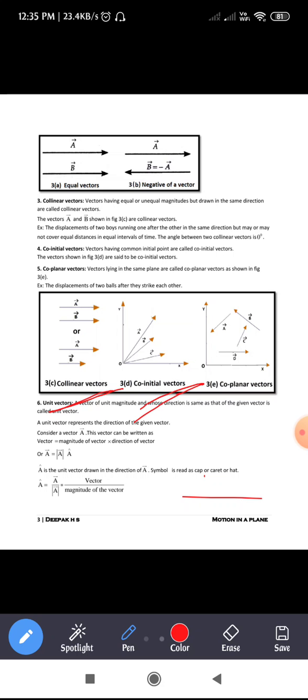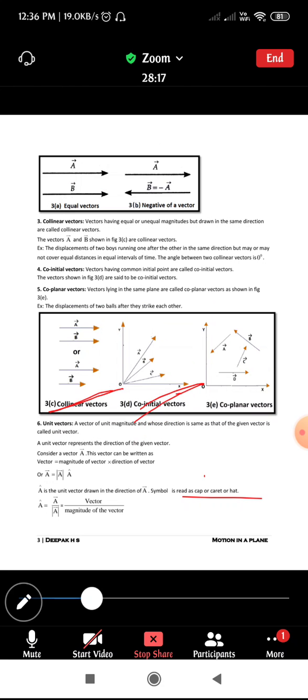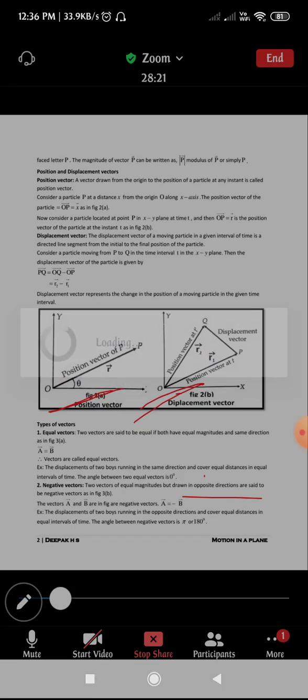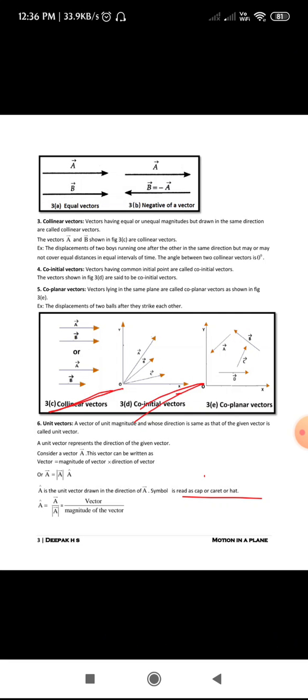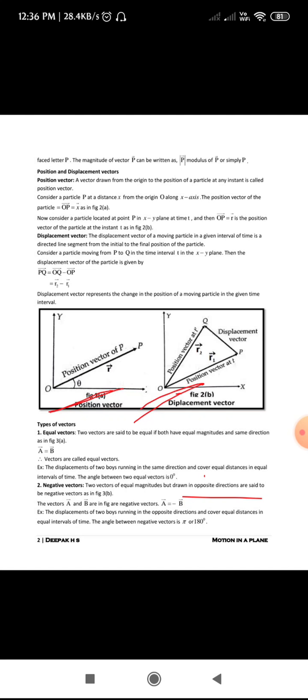Co-initial means all the different vectors start from the same initial point. So those are called co-initial vectors. Do one thing, just go through the four types of vectors. The first one is equal, next is negative, next is collinear, and the next one is co-initial.